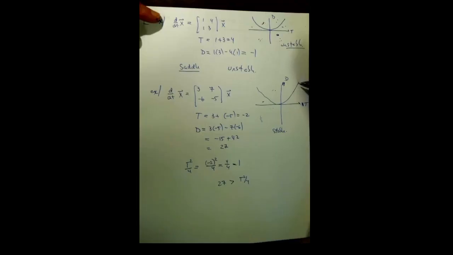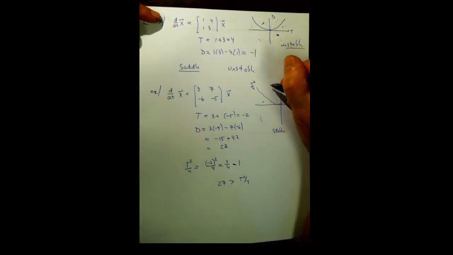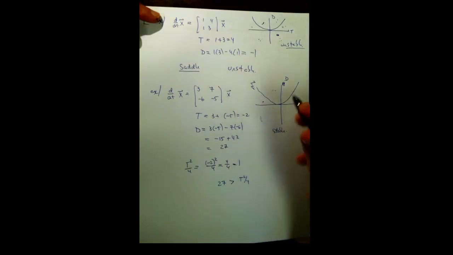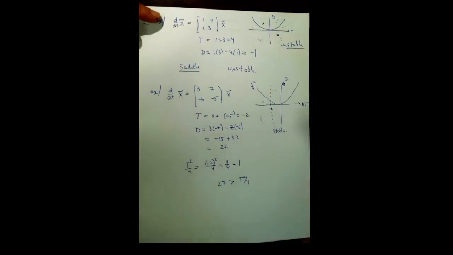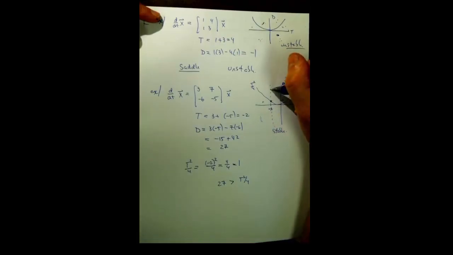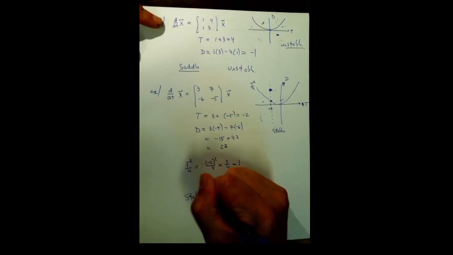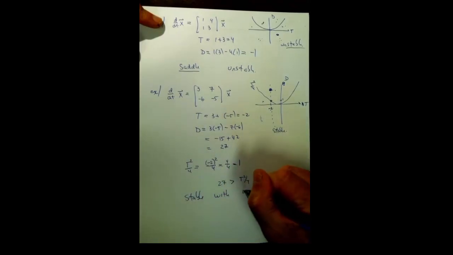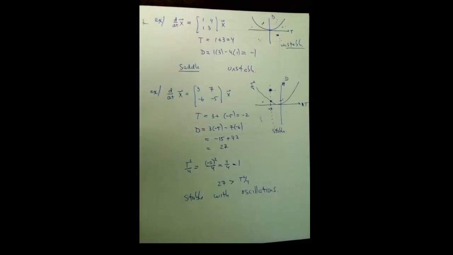This parabola is t squared over 4, and my t is minus 2, so I'm somewhere along that line. This point right here is t is minus 2, d is 1. And since d is 27, I'm up in there. It means it's going to be stable with oscillations.